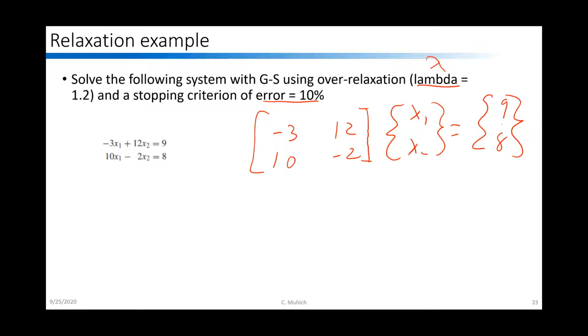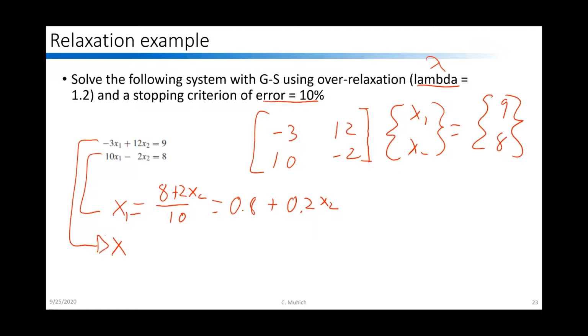So we can rearrange x1 from that lower level equation: x1 equals 8 plus 2x2 over 10. And we can put this in decimal form to help us out a little bit later. And then we can solve for x2 by rearranging that top equation: 9 plus 3x1 over 12. And then once again, we can put this into decimal form.